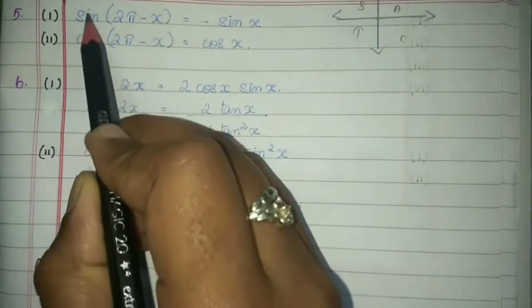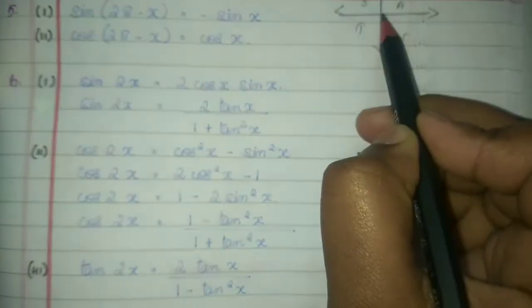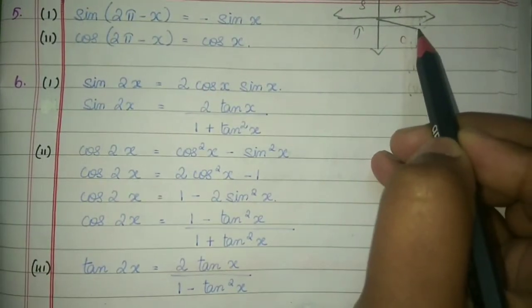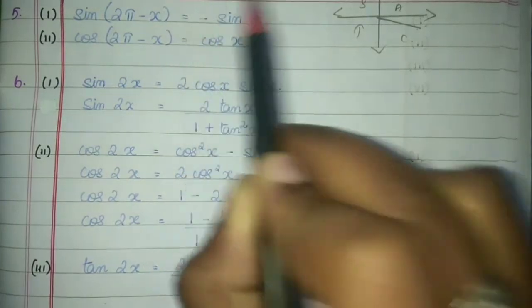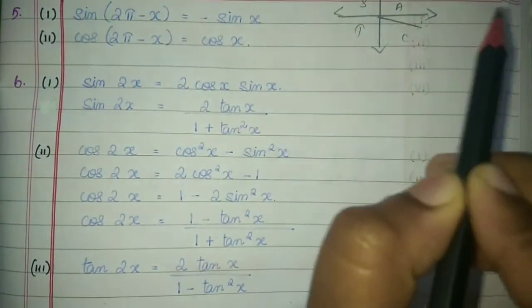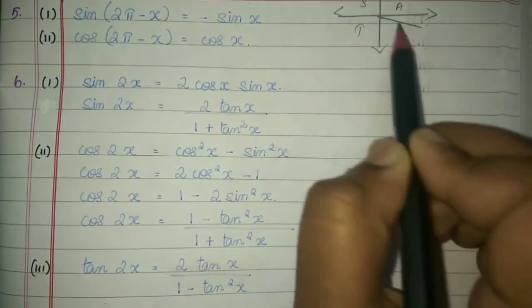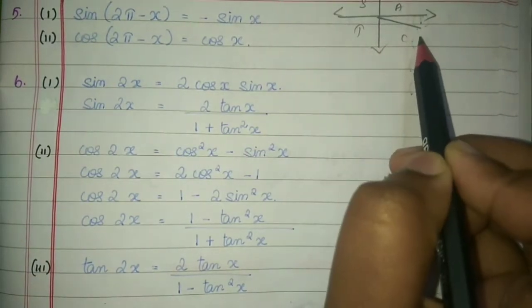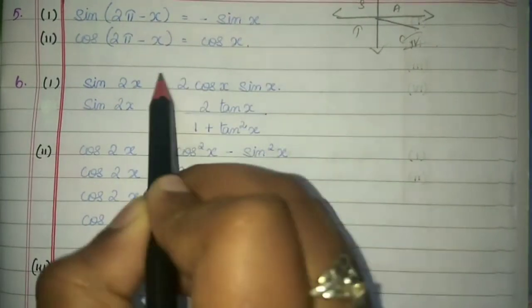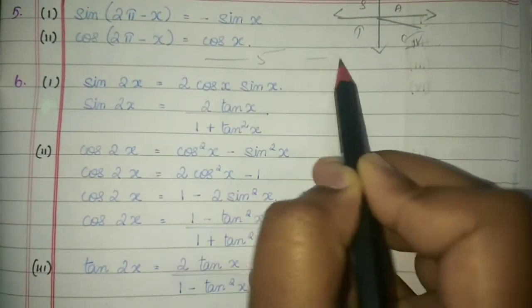Sin(2 pi - x) is over here. Sine is negative, so it is minus sin x. And for cos(2 pi - x), it is positive cos x, because cos is positive in the fourth quadrant. With this, the fifth set of formulas is over.